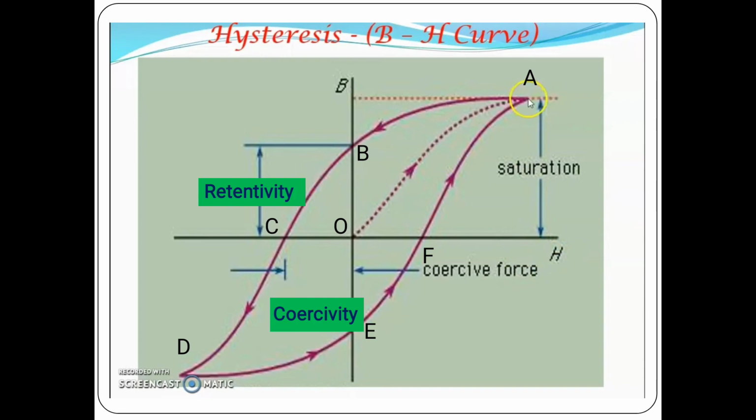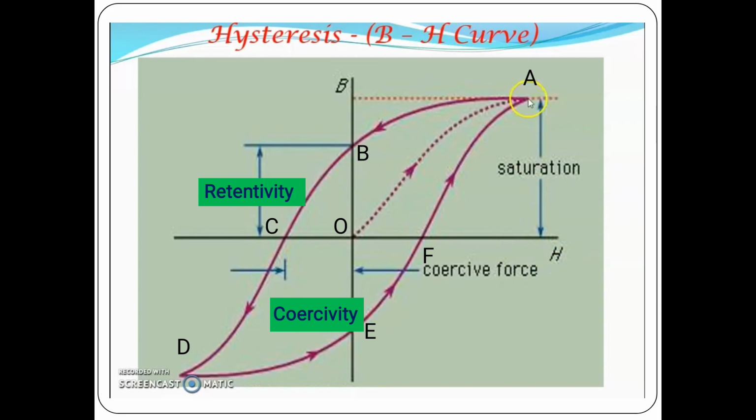Coercivity is when the ferromagnetic material loses its magnetic moment completely when the applied field is in the negative direction. When we further reduce the magnetic field, it reaches point D, also called the saturation point in the reverse direction.